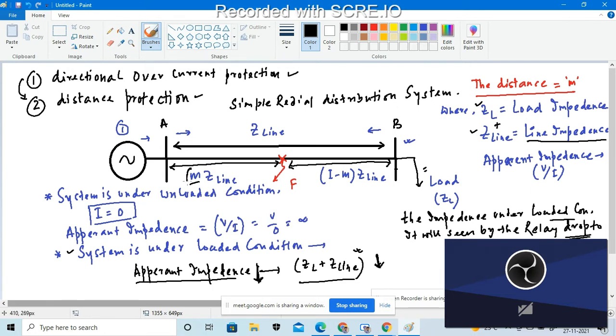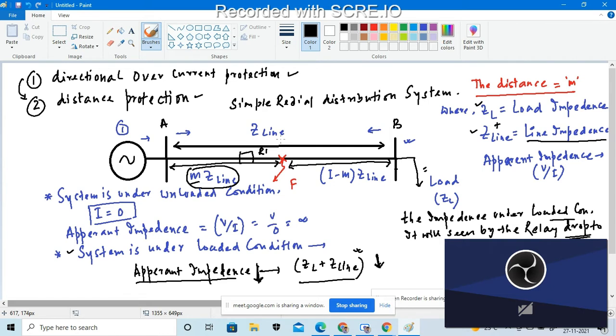The apparent impedance under the loaded condition, if I connect the relay R1 over here, will be seen by the relay to drop by some finite value, and that value is m times Z line, where m is the distance of the fault from the system, multiplied by the line impedance Z line.